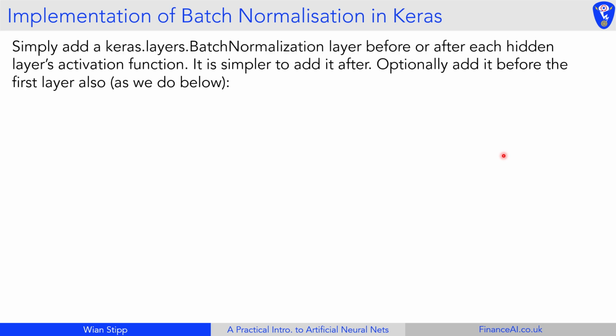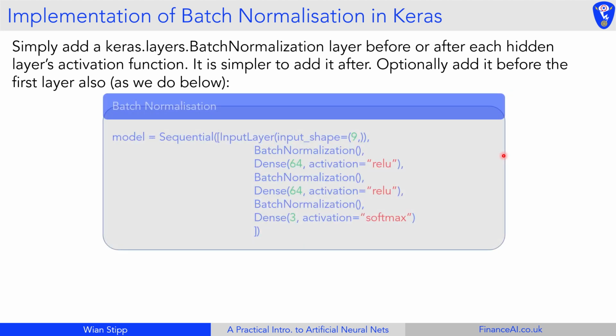Okay, let's talk about how we can implement this in Keras, and it's very simple again. We're going to add it before the first layer also. And what you do is you just add it in between each layer like this. So input layer, batch normalization. Hidden layer 1, batch normalization.